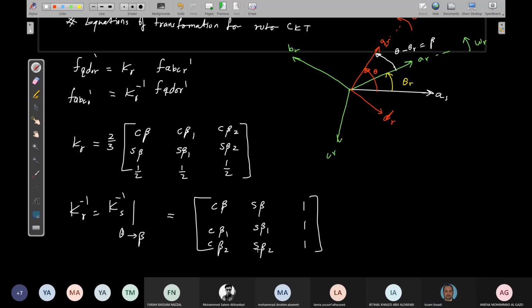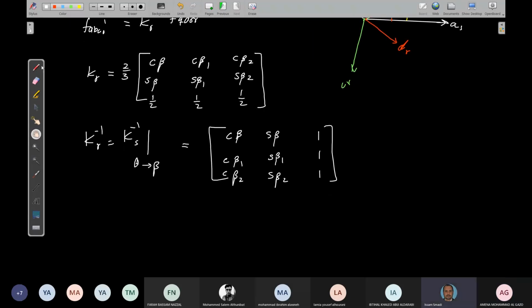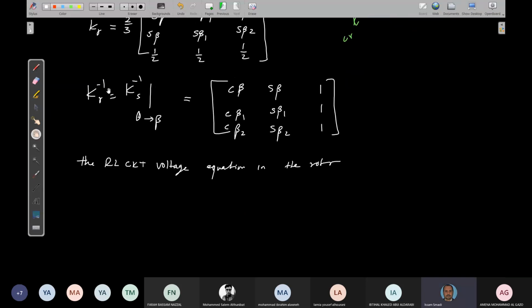Good. So now, if I need to write the voltage equation for the RL circuit in the rotor, who will help me with that?